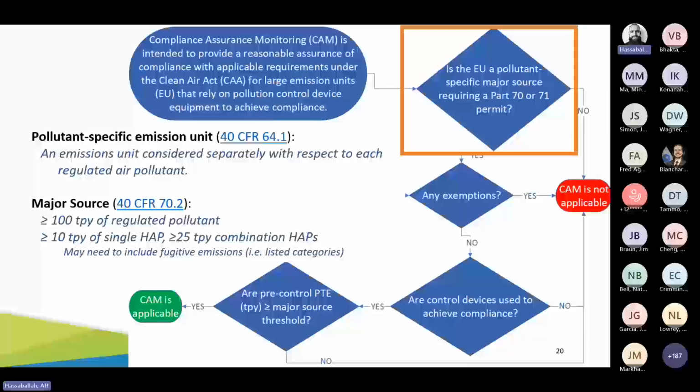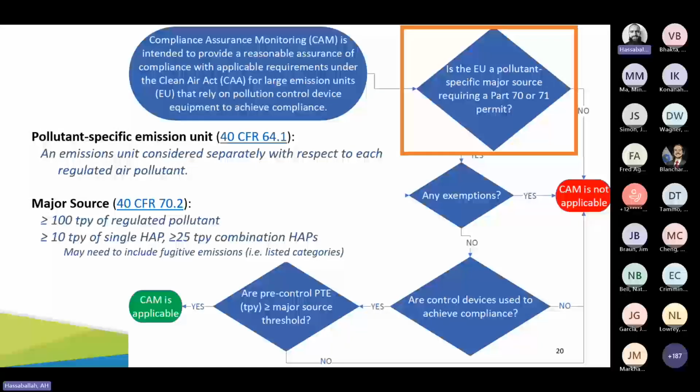Now, the definition of a pollutant-specific emission unit is an emission unit considered separately with respect to each regulated air pollutant. So you can have one emission unit that releases criteria pollutant A and criteria pollutant B. So it would be considered separately.